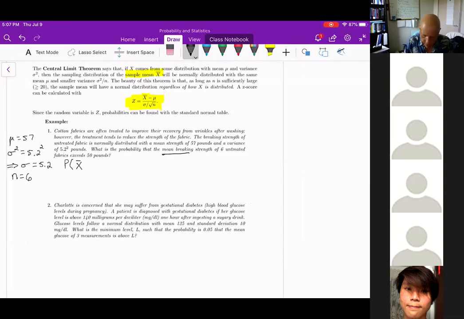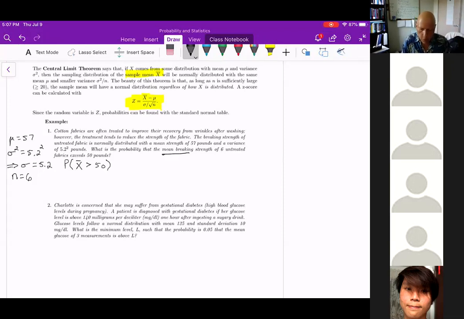Of 6 untreated fabrics, the probability that exceeds means greater than 50 pounds. And so that's my thought process. I'm talking through how I'm reading this, how I'm pulling the information, how I know what the appropriate symbol is, because if I don't give it the correct notation, I'm not going to use it correctly or may not even use the right approach to solving this.